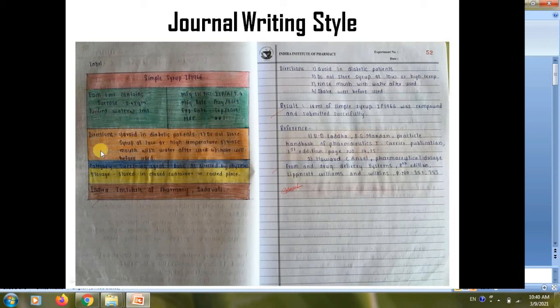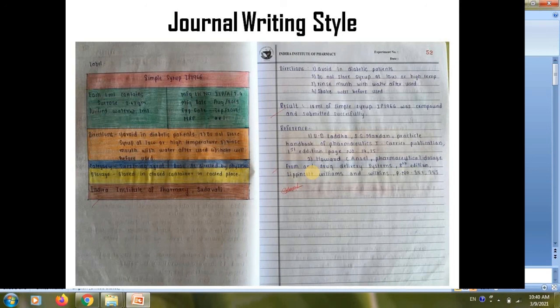In this fashion you have to write your journal, and it should be signed by me. These are some general instructions regarding how to perform your practical and how to write your journal.